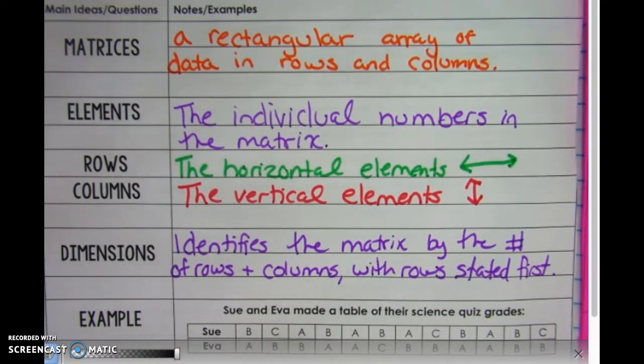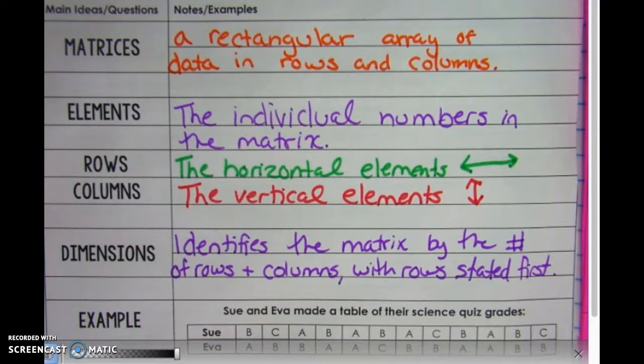So I like to remember it as RC, rows, columns. RC, car, remote control, something along those lines. So it's always rows and columns. I wish it was the other way, because then I could say it's alphabetical, but it's not.